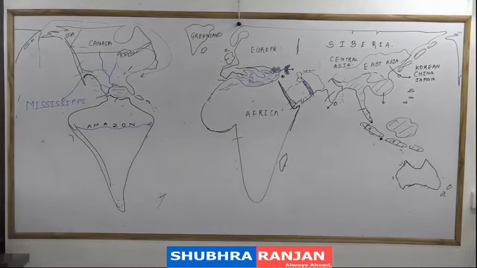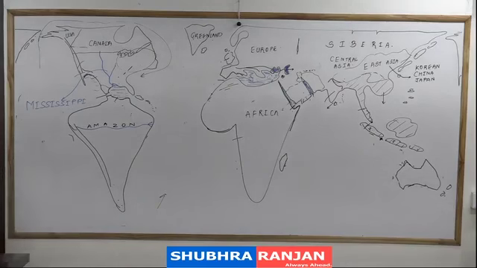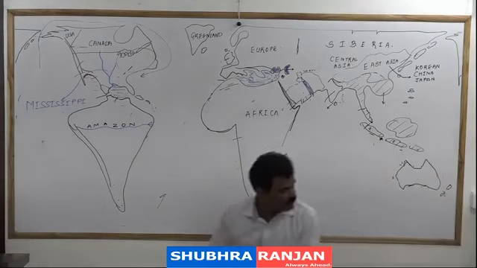So Amazon river is an important river, but not from the human geography point of view. For humans, if you go and live in the Amazon, there will not be much benefit, because a river should support some kind of economic activity.